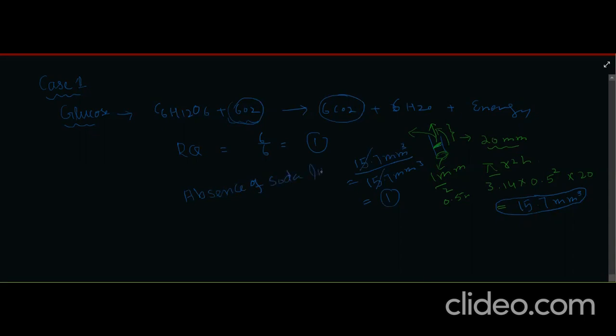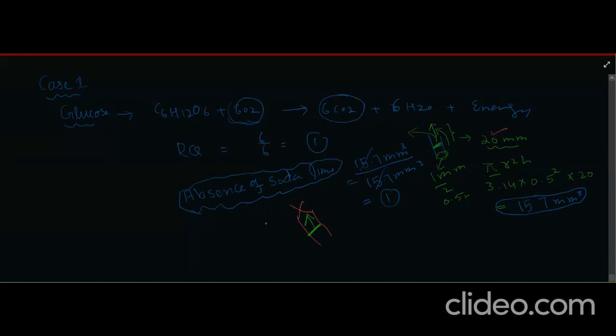In the absence of soda lime, what should be the expected result? If this value is correct, then in the absence of soda lime, the drop of that respirometer should not move. That drop should not cover that distance.